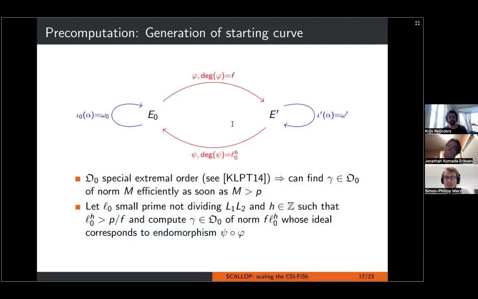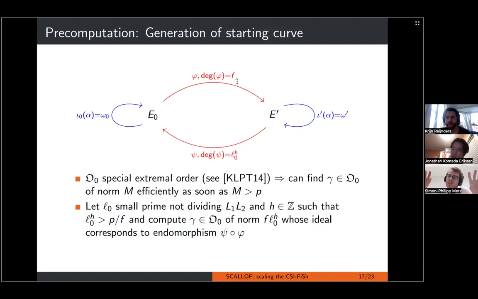F is a very large prime. So if you have a very large prime degree isogeny, you can't just evaluate it. We don't have a way of evaluating it. What we do instead is find an element in O0 essentially that is of norm F. However, F is not large enough for that.